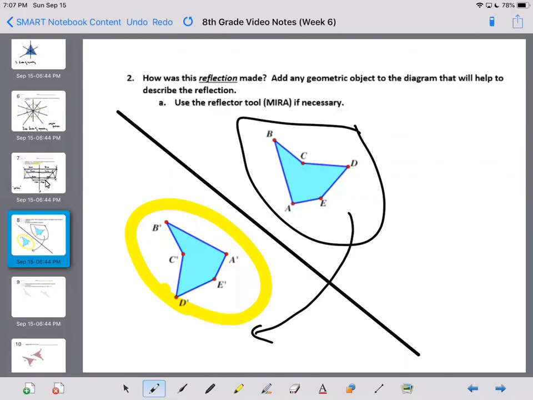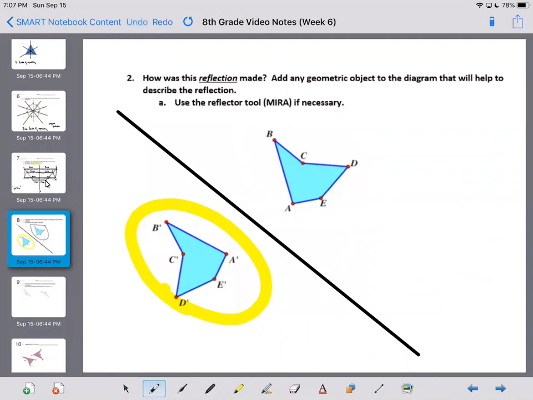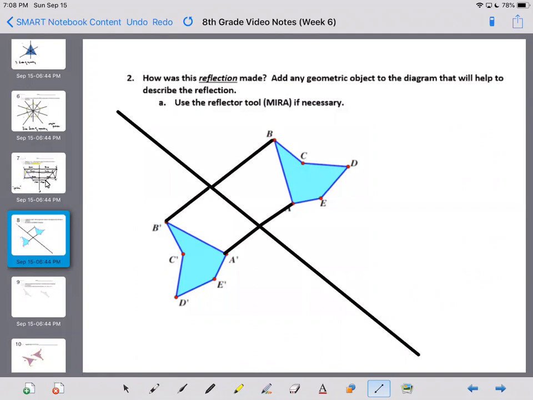Now to do that, using a Mira tool, you could figure out where it is by placing the Mira tool on the black line. You can also use patty paper, but again, you can also use this distance from A to A prime ought to be the same. The distance from B to B prime should be the same.